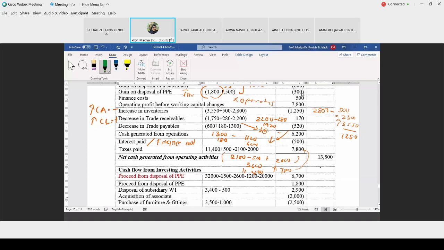PPE beginning balance here is 32, minus 1,500, the one that you dispose, and then you also minus 1,200 for depreciation. And the other thing you need to minus is the PPE that you have in LLB that you dispose. So you're going to have this amount.